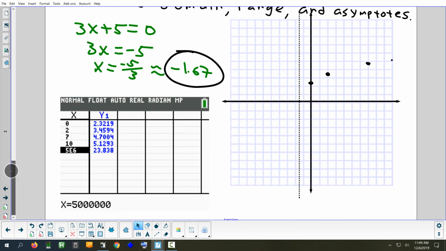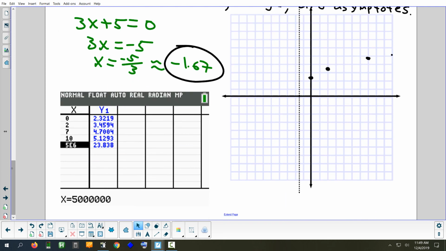I can see what's happening. So your graph is going to do something like that. Remember, getting closer and closer to that dotted line, but never touching it. And that's it. That's how you make a sketch of a log function.